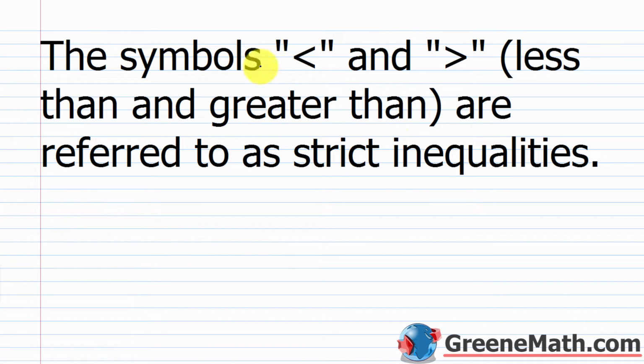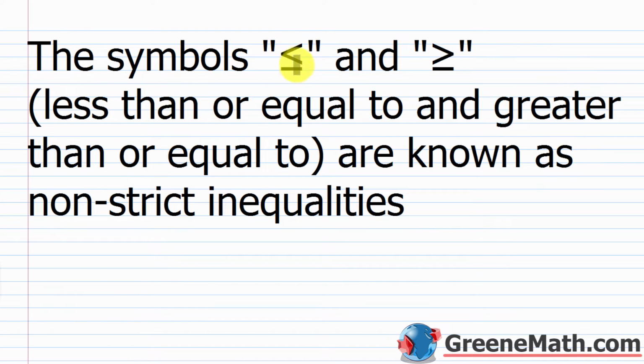So again, the symbols less than and greater than are referred to as strict inequalities. Then the symbols less than or equal to and greater than or equal to are known as non-strict inequalities. Very important that you understand the difference between the two.